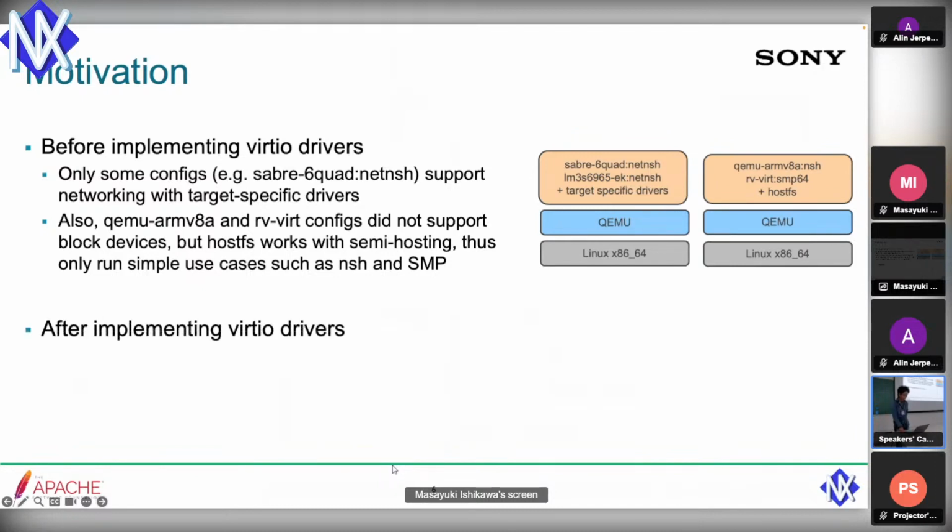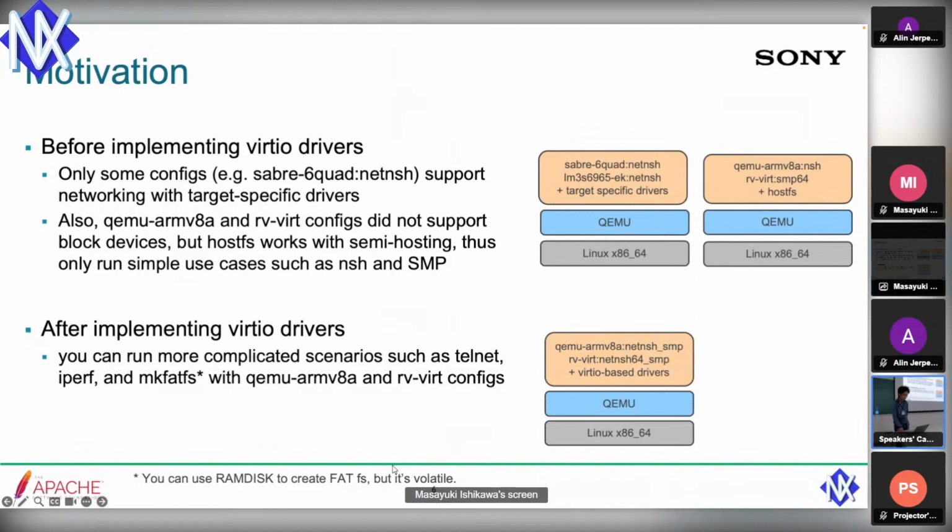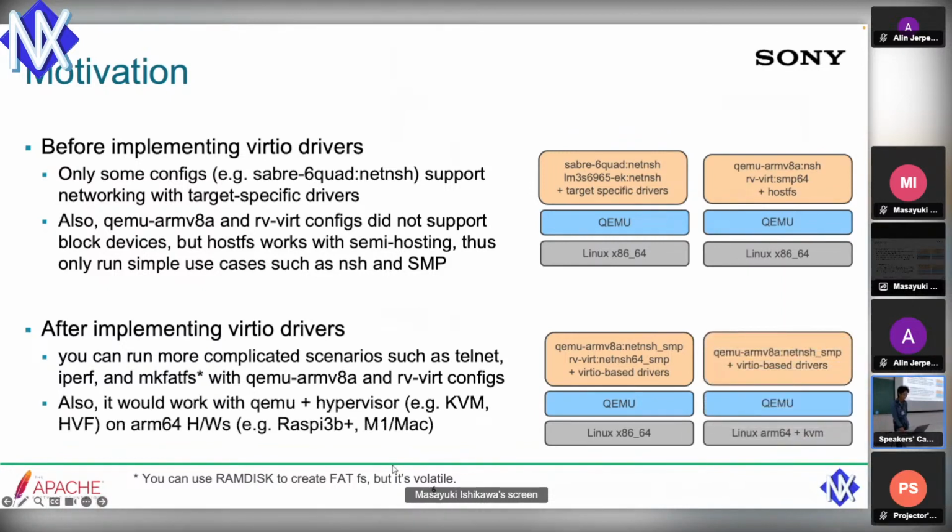After implementing the VirtIO drivers, you can run more complicated scenarios, such as Telnet, iPerf, and mkfatfs, with the QEMU ARMv8-A and rv-virt RISC-V configs. Also, it would work with QEMU plus hypervisors, such as Linux KVM and the Apple Hypervisor Framework, on actual ARM64 hardware, for example, Raspberry Pi 3B Plus and this M1 MacBook.